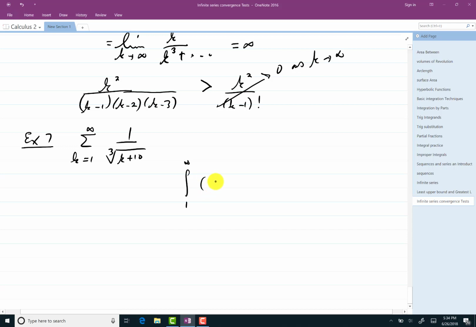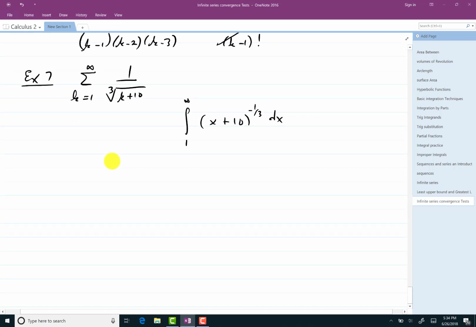So I'm going to replace it with this, the integral of x plus 10 to the negative 1/3 dx. I'll leave it to you for this step. But if u is x plus 10, then du is dx, and we end up with, let me see, if I add 1 to this, I'll get 2/3, so I'll get 3/2 times x plus 10 to the 2/3, and since I've put x back in, I'll put the original limits in here.